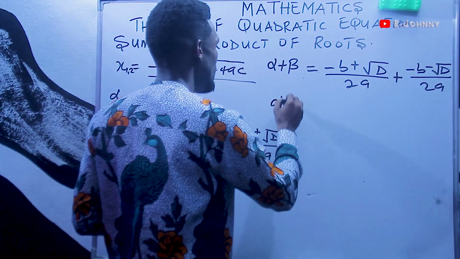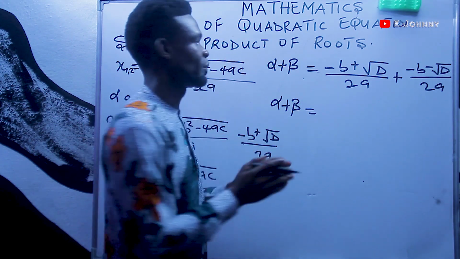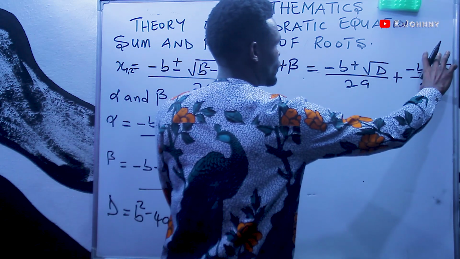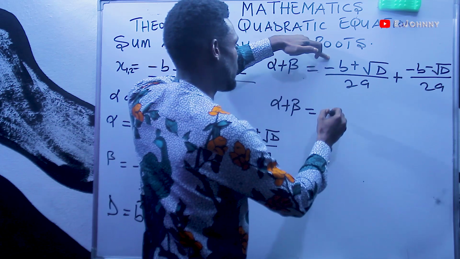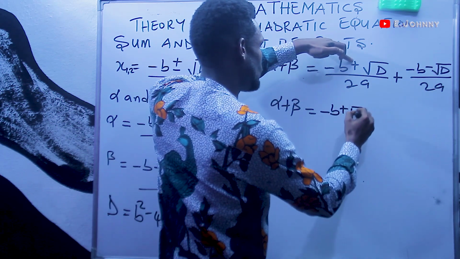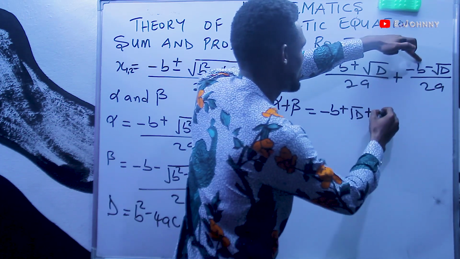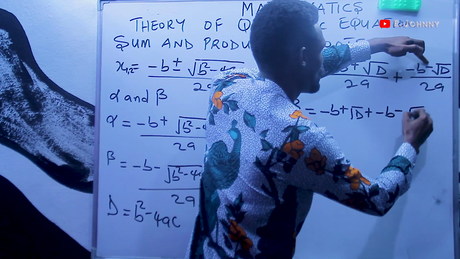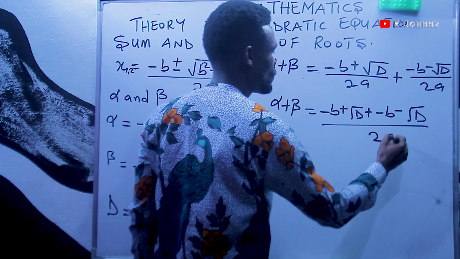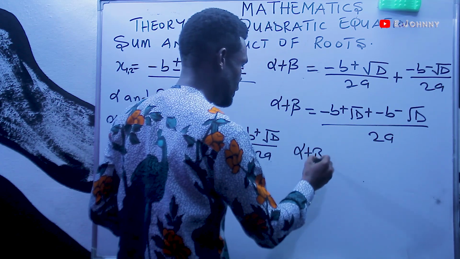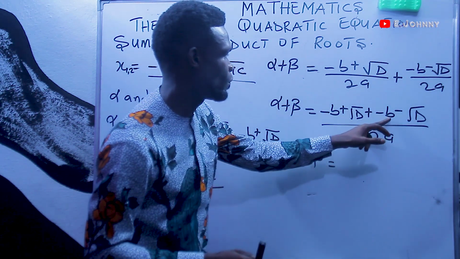Okay, so that means that alpha plus beta is equal to, now remember in adding, this is fraction plus fraction. So you can see that the denominators are the same. So I will add the numerators, minus b plus root D plus minus b minus root D, everything divided by 2a. So alpha plus beta is equal to minus b minus b.